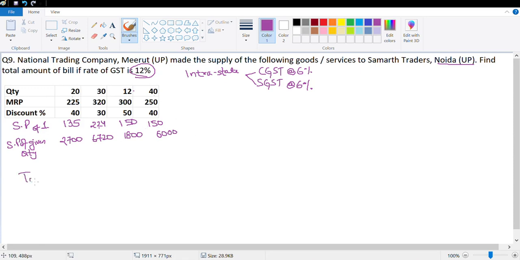So let's calculate total SP. Total SP would be equal to 2,700 plus 6,720 plus 1,800 plus 6,000. That's 17,220.